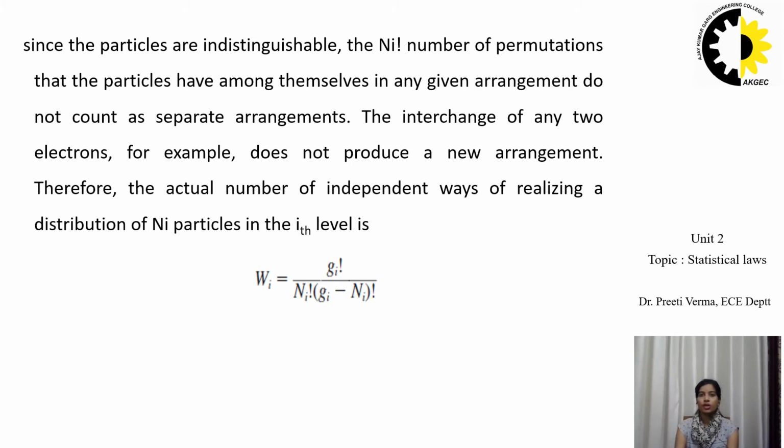The interchange of any two electrons, for example, does not produce a new arrangement. Therefore, the actual number of independent ways of realizing a distribution of Ni particles in the ith level is given as Wi is equal to Gi factorial divided by Ni factorial multiplied by Gi minus Ni factorial.